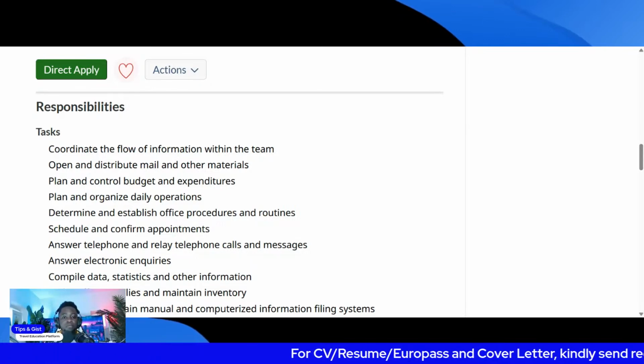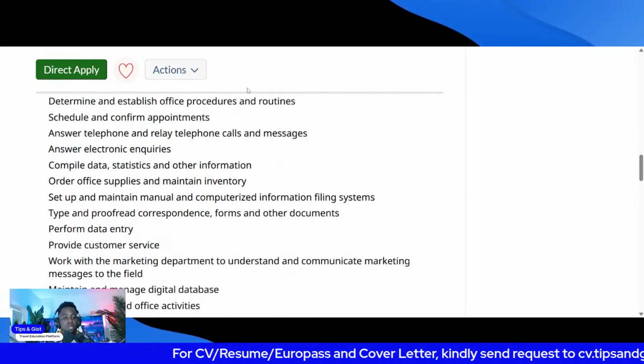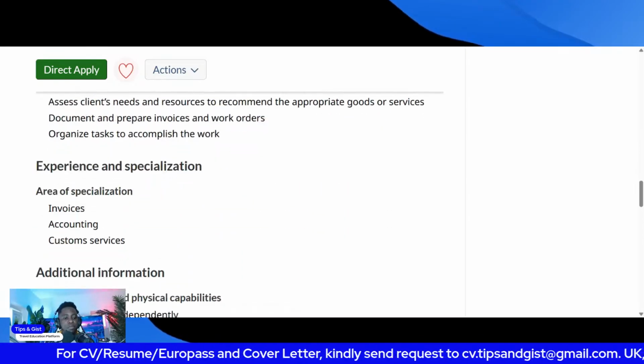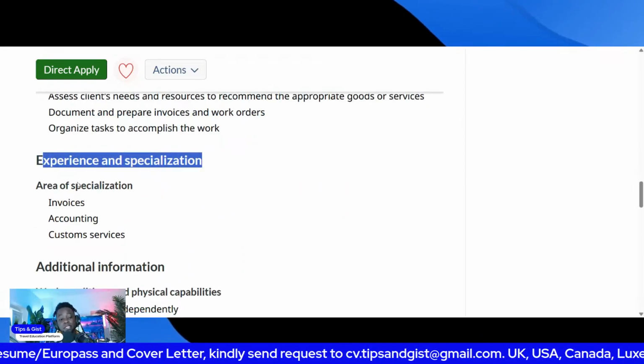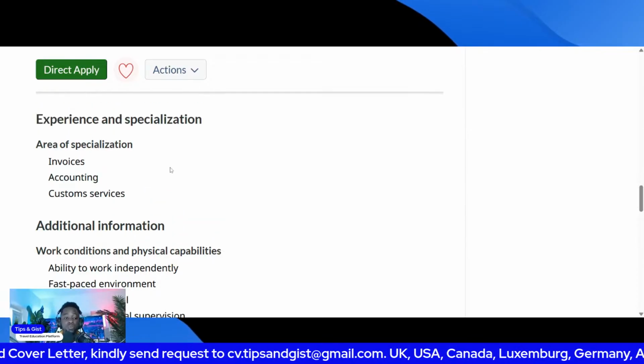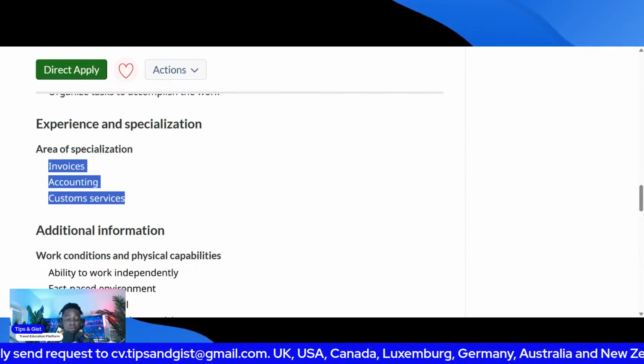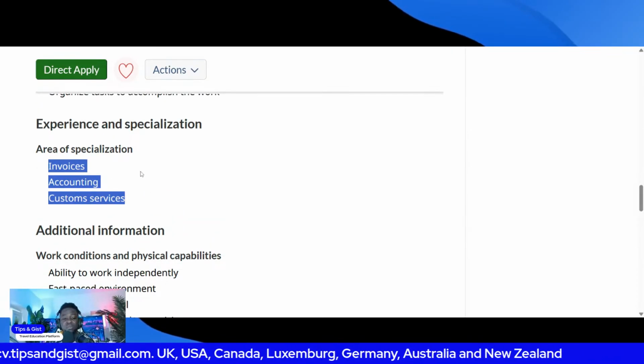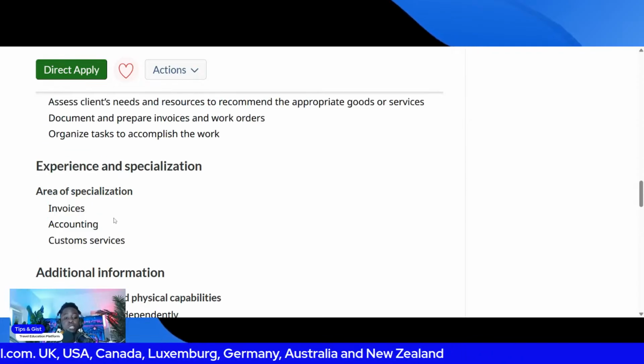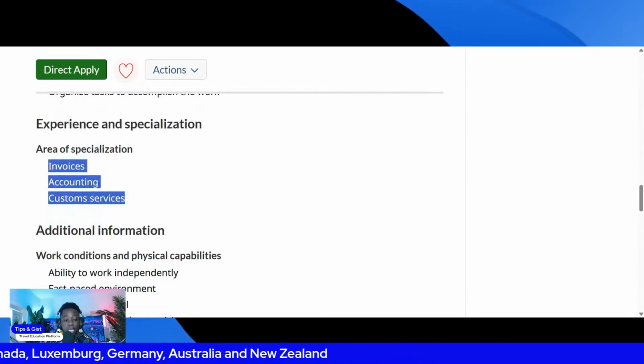Now, another thing that you have to consider before you apply for the jobs is the experience or the specialization. Some employers will add it, others won't. So when you're writing a resume, we have the skills or the strength. You need to add certain areas as your skills.